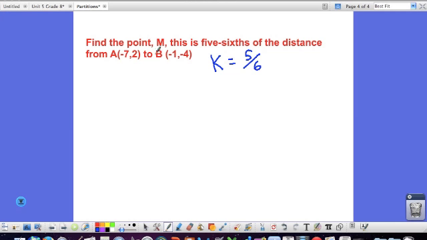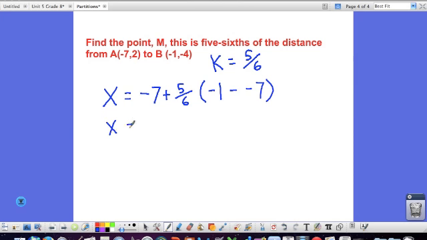We're first going to find our x value for this point M. We're going to start at x1, which is -7, and add 5/6 of the total distance on x from A to B. So x2, -1, minus -7.